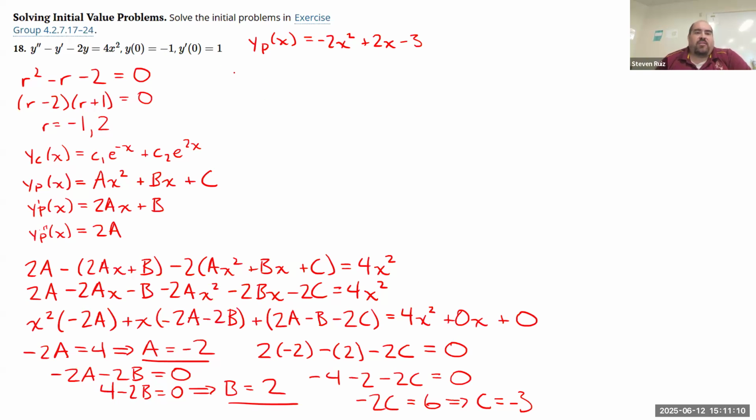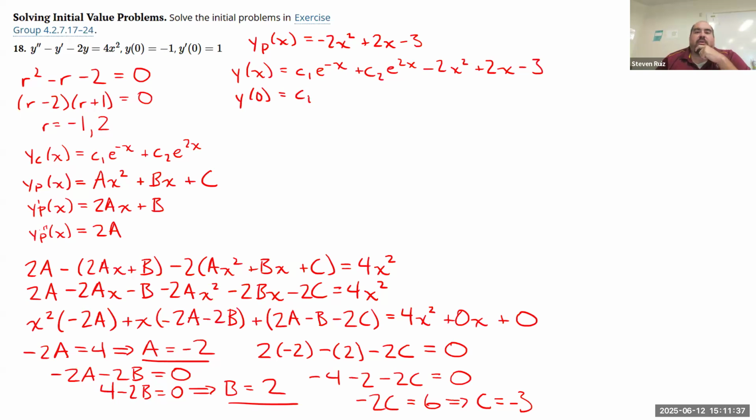So here's what our solution looks like so far. y of x equals c1 e to the negative x plus c2 e to the 2x minus 2x squared plus 2x minus 3. We have the means to figure out what these constants are. So to do that, let's plug in 0 for x.